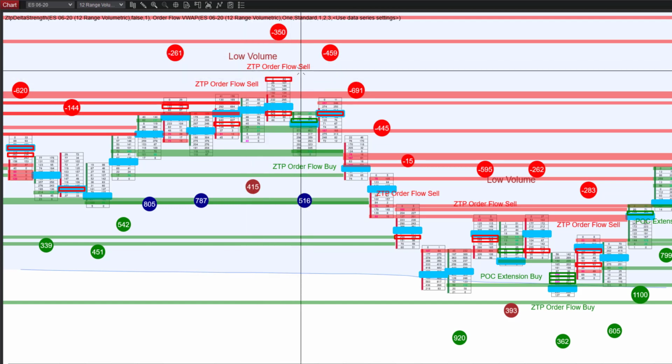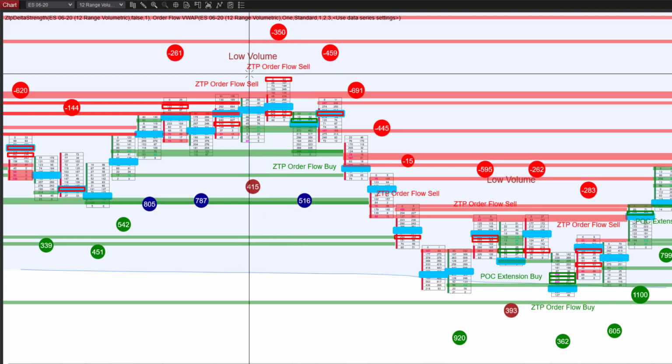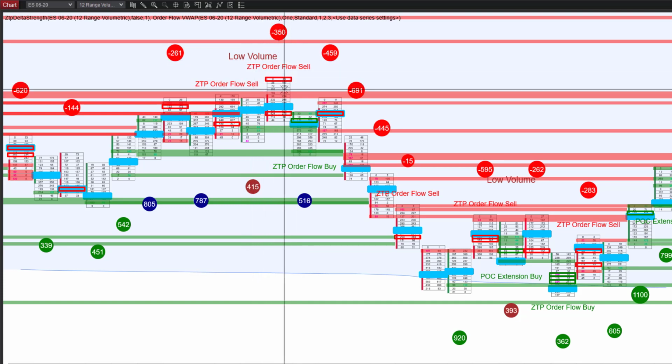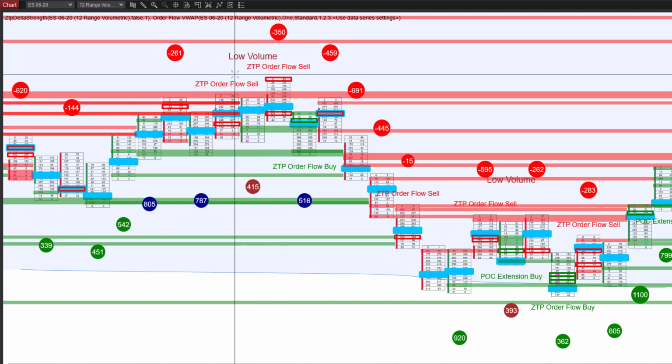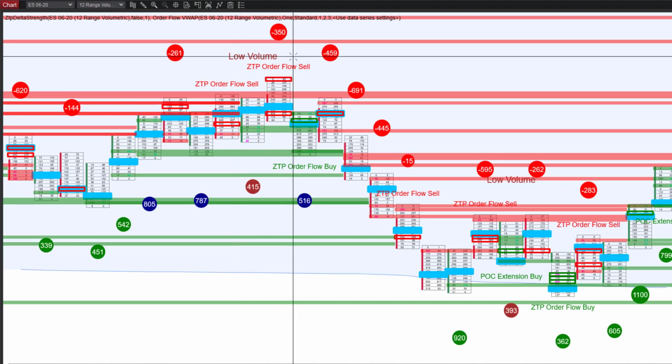Now, the ZTP order flow is a signal that is proprietary to ZoneTrader Pro, and it's basically telling you there are trapped traders on these bars.